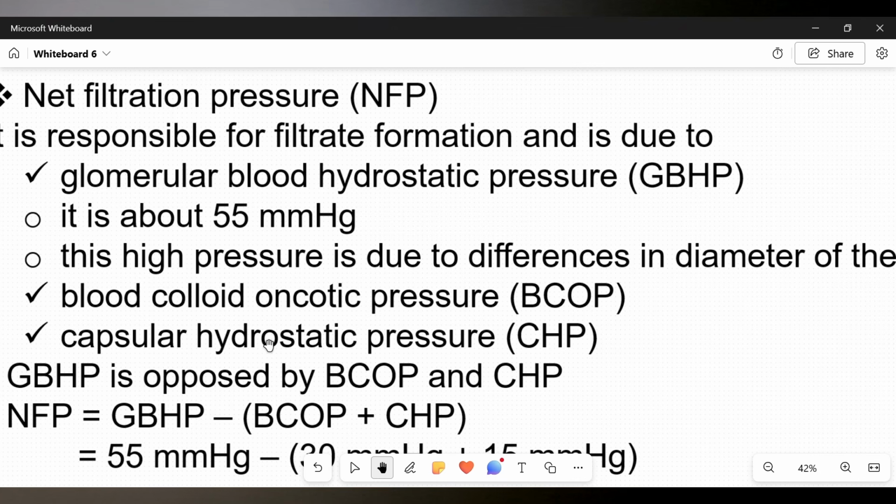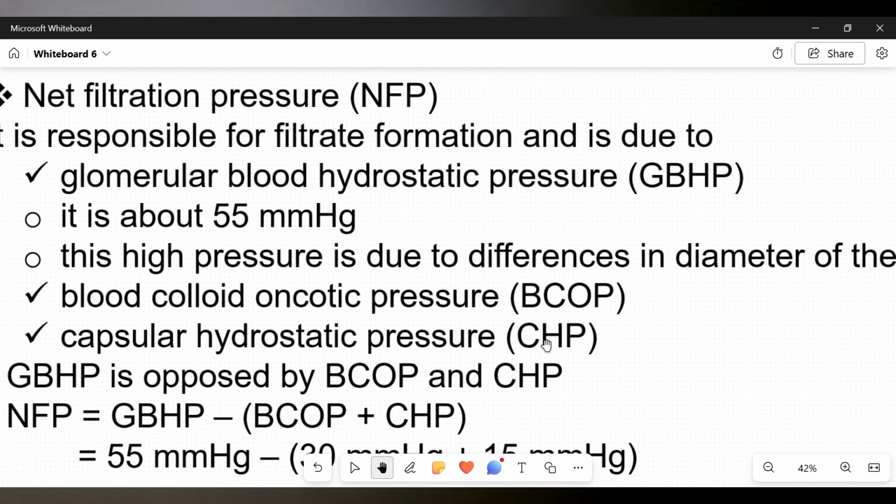Now there is a final opposing pressure called capsular hydrostatic pressure. This pressure prevents filtrate from entering into the Bowman's capsule. So capsular hydrostatic pressure is the pressure of fluid inside the Bowman's capsule. It also becomes an opposing pressure. So now you realize that there are two categories of pressures here.